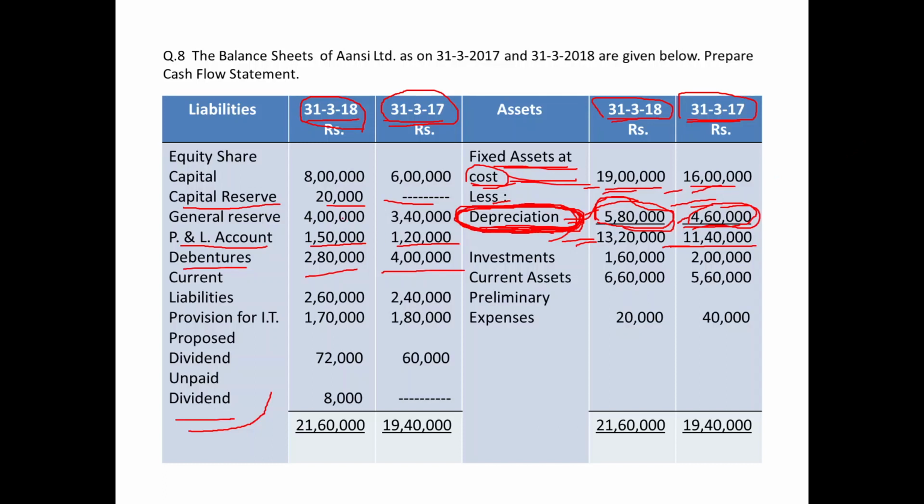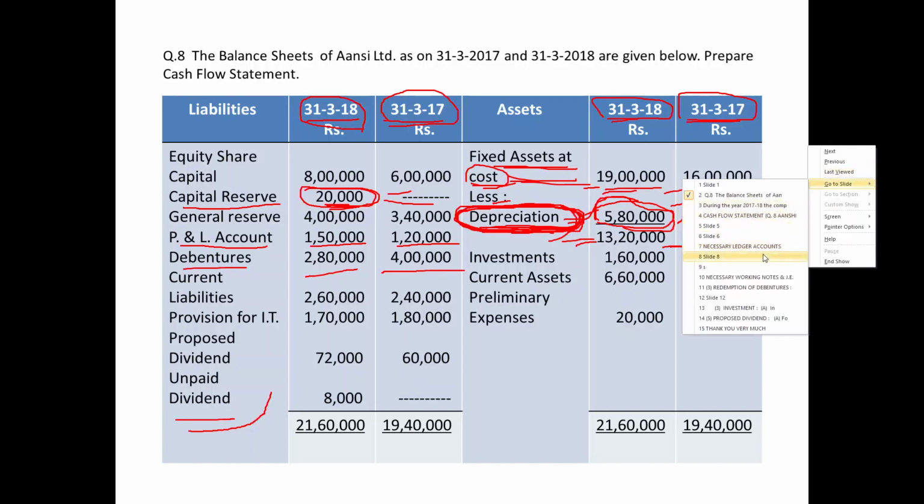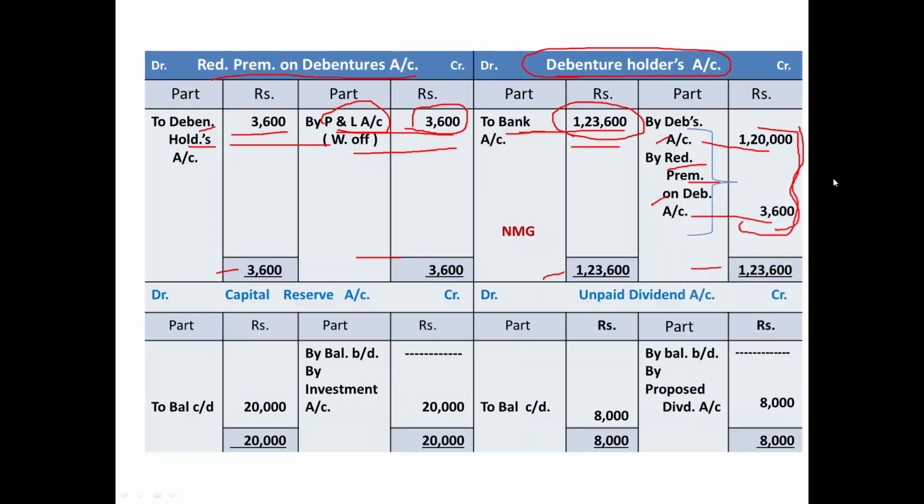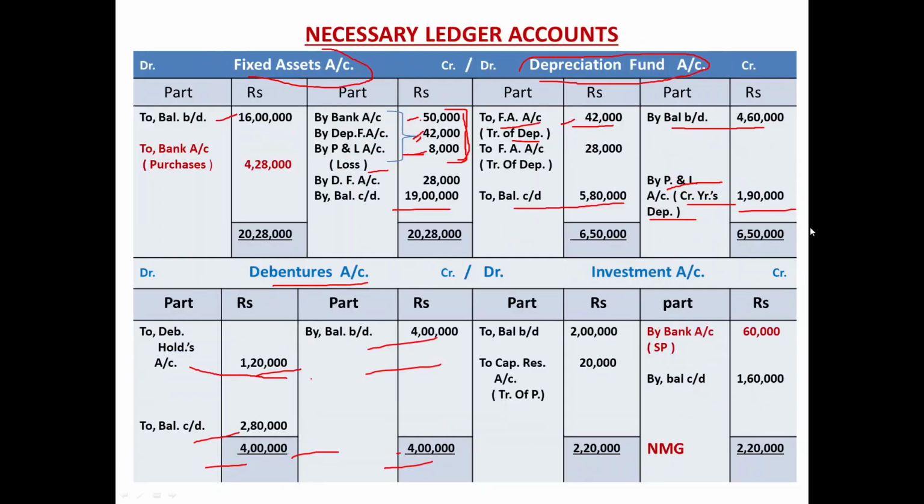It means this 20,000 must be the profit made on the sale of investment which was credited to capital reserve account. No opening balance, only closing balance. So this 20,000 is nothing but the profit that took place due to sale of investment and has been credited to capital reserve account. Have a look.